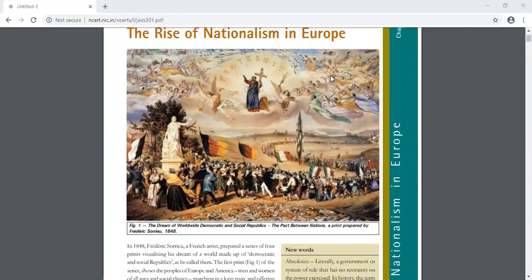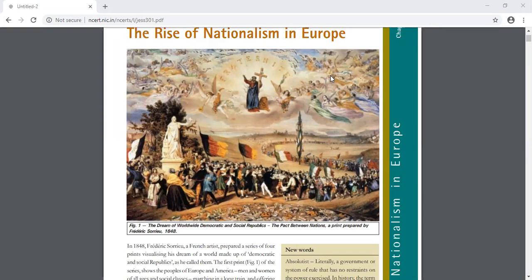You just imagine, at that time, when Sorrieu created this image, the German peoples did not yet exist as a united nation, but that was his imagination.